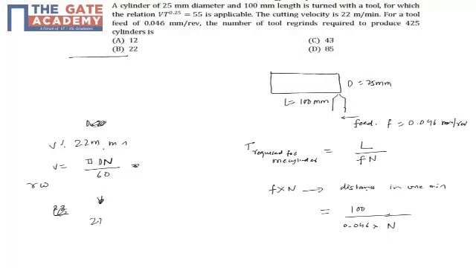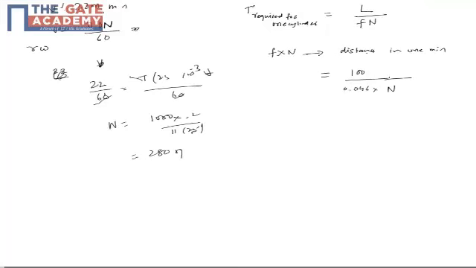So let's substitute v in seconds: 22 meters per minute, which is 60 seconds. Pi times diameter 25 mm, and I substitute 10 power minus 3 to make it meters. N is what I require, divided by 60, so this goes. So n is basically 1000 into 22 by pi into 25, which comes to about 280 rpm.